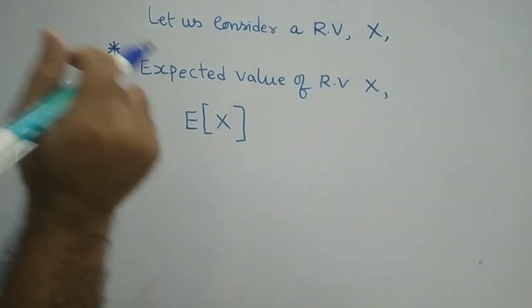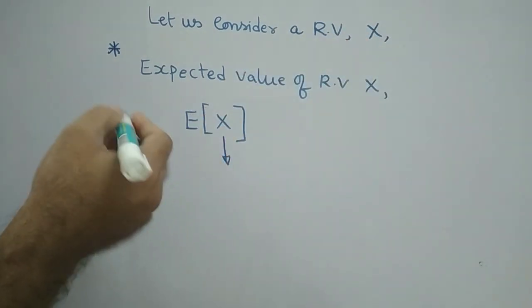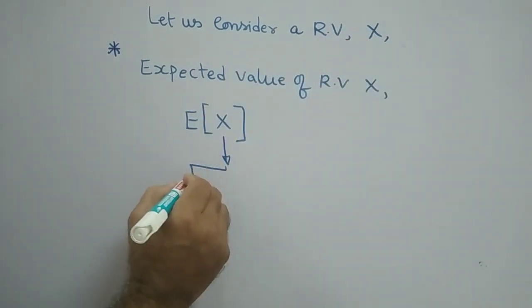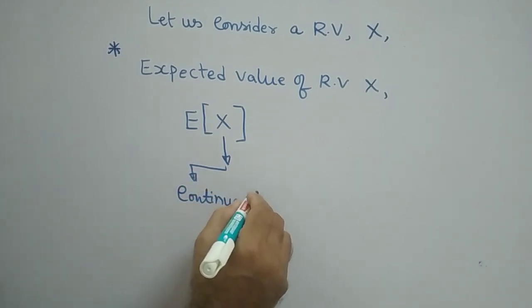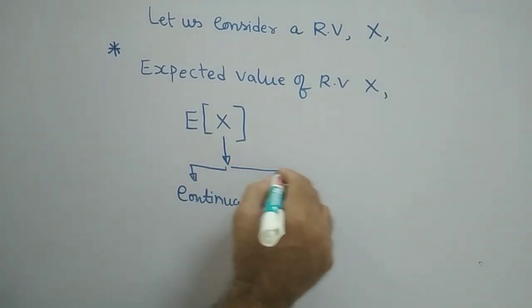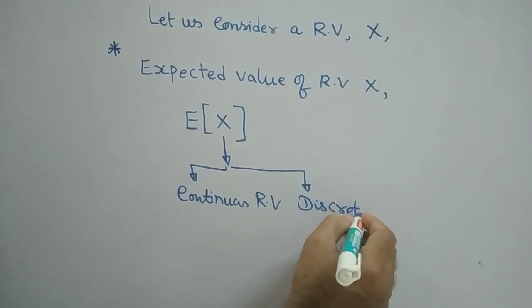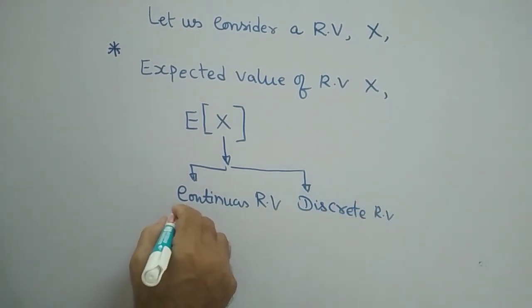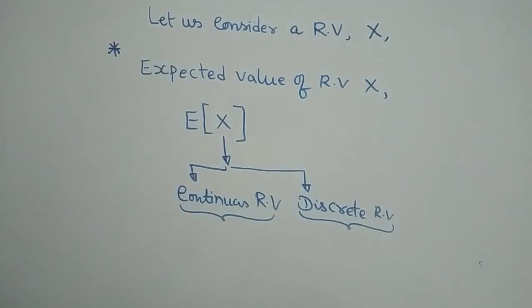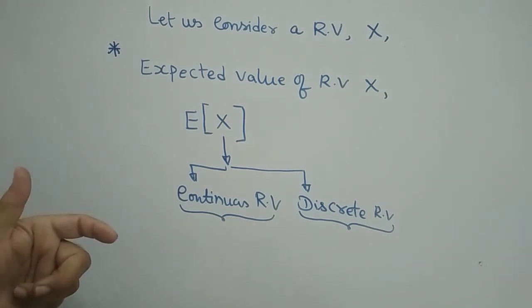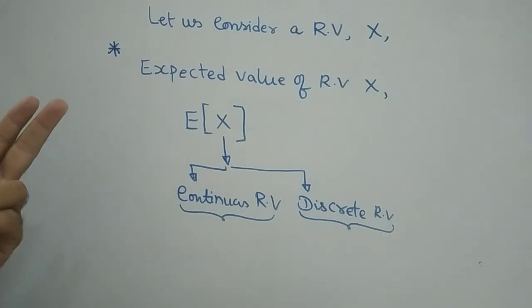The random variable, whatever we consider now, could be either a continuous random variable or a discrete one also. In our earlier presentation, I very clearly explained the different types of random variables: a random variable can be classified into two categories.